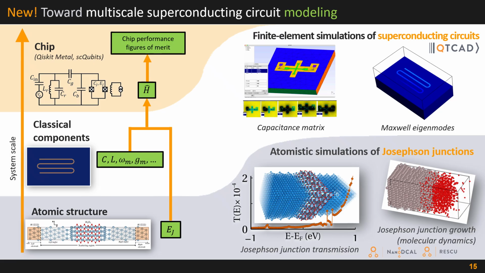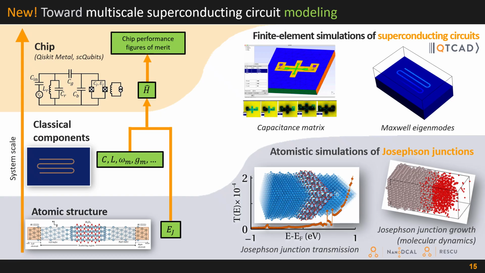Finally, in QTCAD 2.0, we released superconducting circuit modeling features that lay the groundwork of our vision toward multi-scale superconducting circuit modeling. If we think of a typical superconducting qubit chip, it can be described, for example, using a lumped element model in which various components like capacitors and Josephson junctions are parameterized through quantities like capacitances, inductances, and Josephson energies.